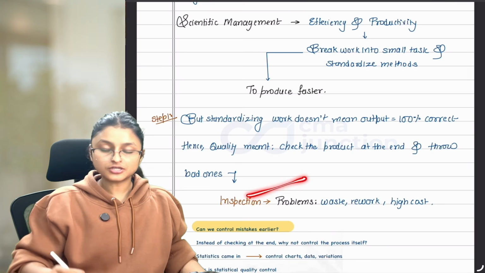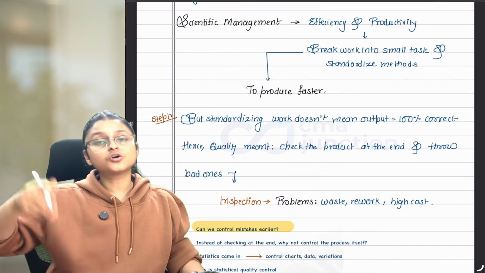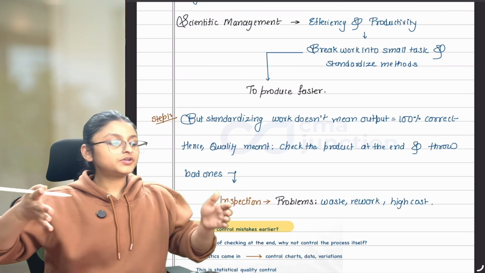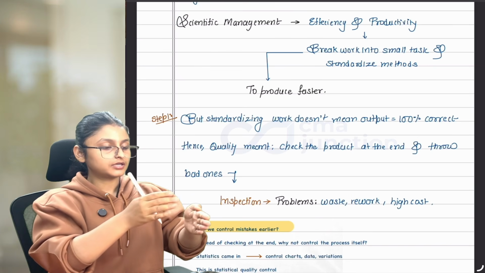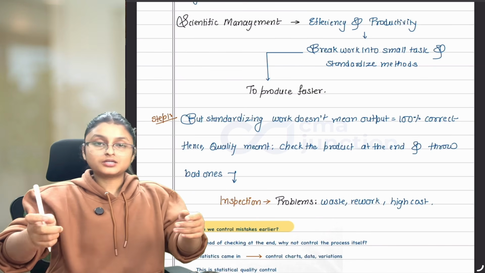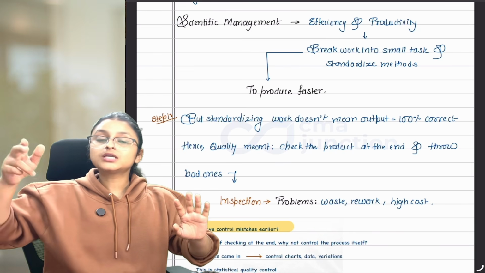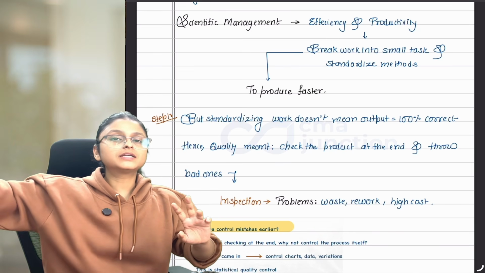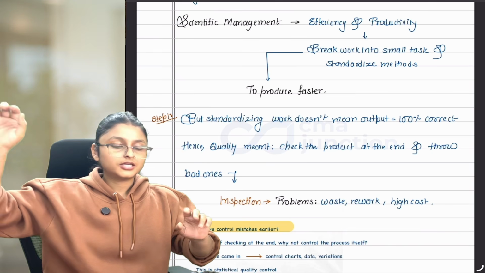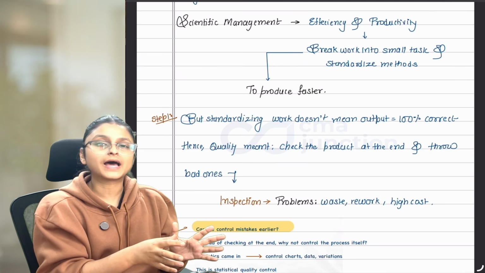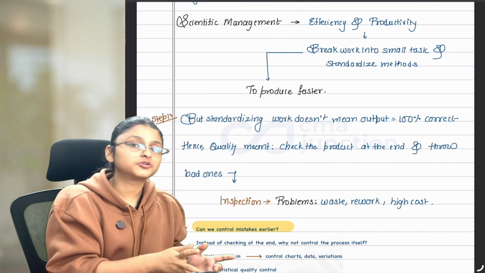And think about it, we are checking every product at the end of completing it. If we would have checked the product in between of the processes, it might be really helpful for us. And think about it, checking every product is a very complicated task. If you are checking some of the samples of a particular batch, it will be really helpful for you.